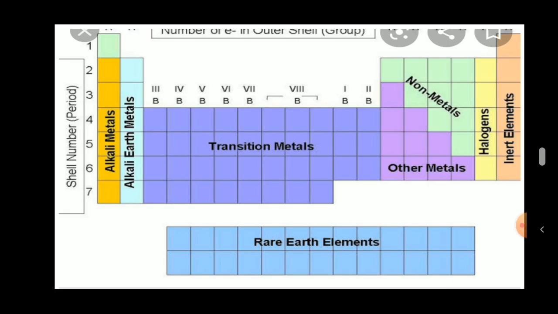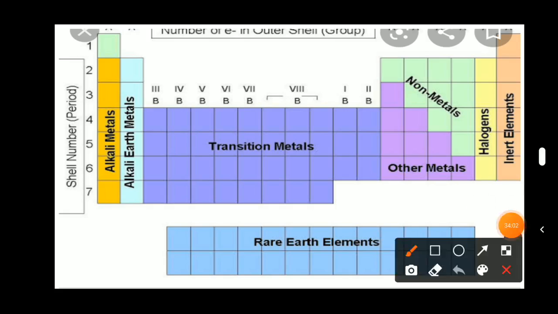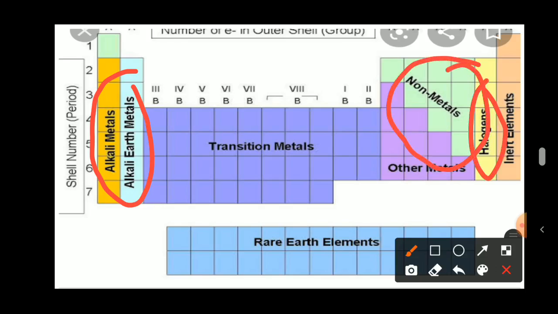Here it is also given as s block. The s blocks are alkali metals and alkaline earth metals. The p block contains non-metals, and it also contains halogens and noble gases. The d block contains transition metals.